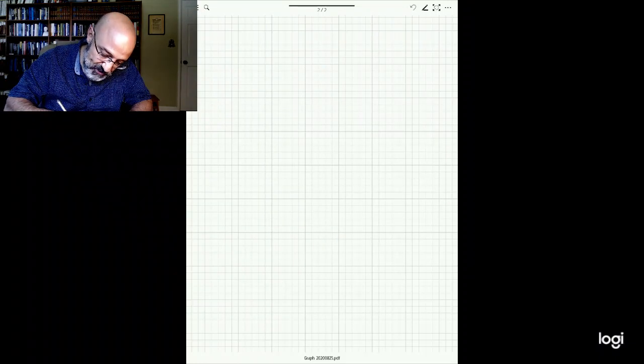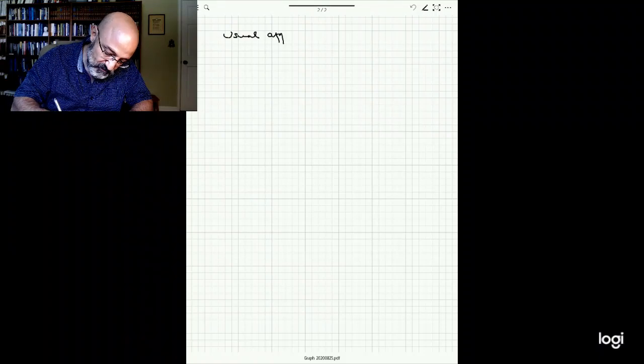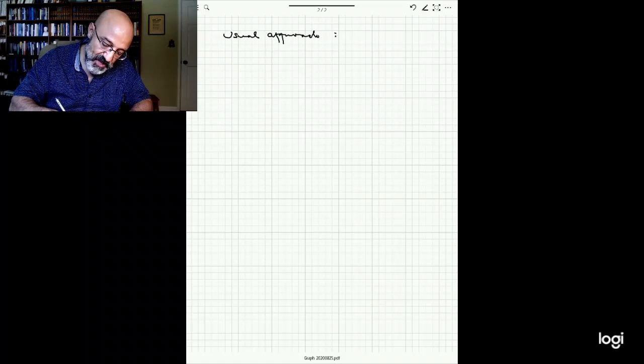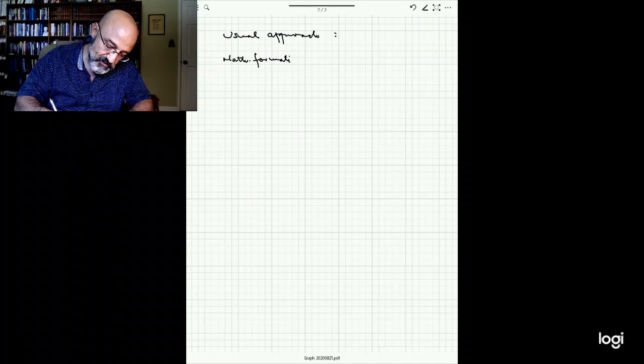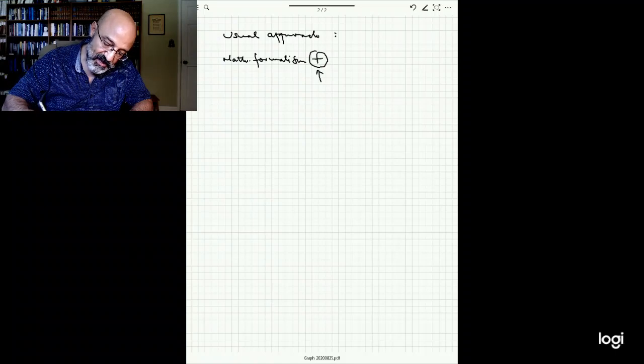The usual approach is you have a mathematical framework, a formalism, and you add an interpretation, and this is what gives you your theory.